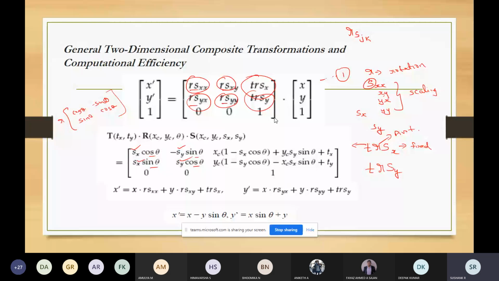Now we know about the terms: translation, rotation about a pivot point, and scaling along a fixed point.